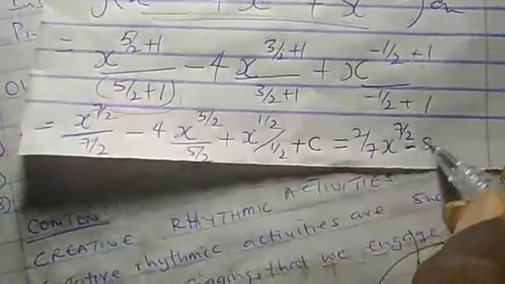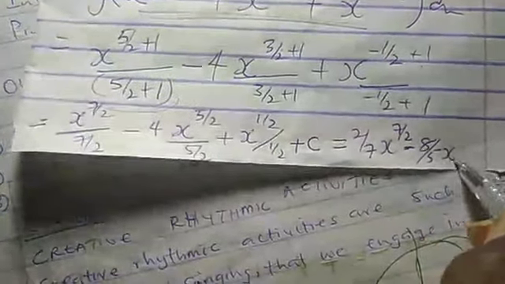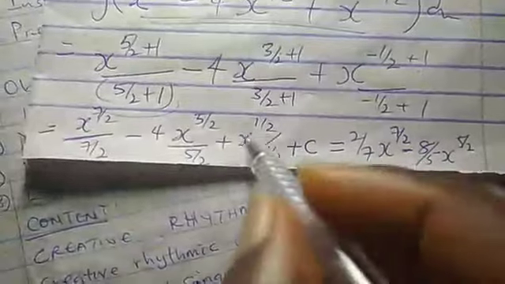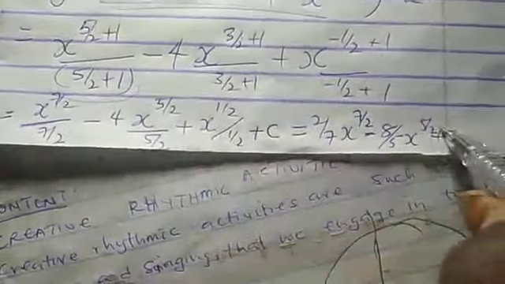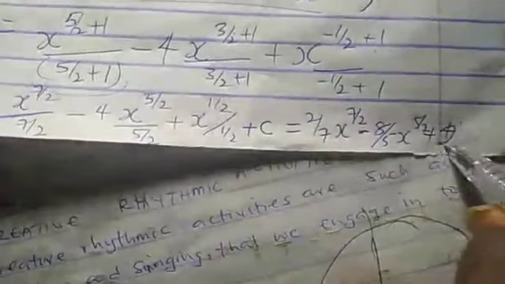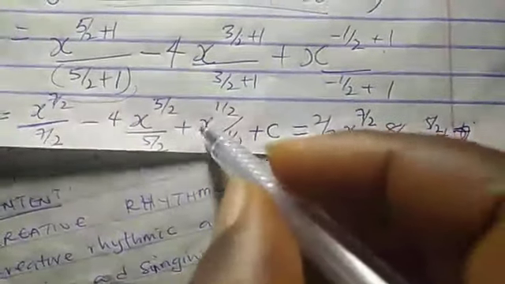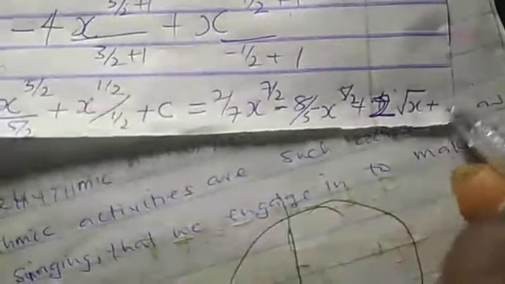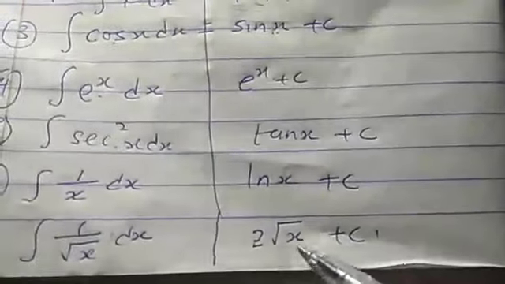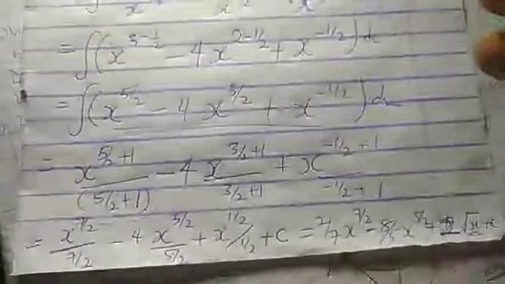That 2 will multiply 4, making 8 over 5, s to the power 5 over 2, plus this half, it will be 2 over 1, which is just 2 s to the power half. And we know that s to the power half simply means square root of s, plus c. So that is the answer. So we have 2 square root of s, which is exactly what I gave here. Now, all these ones we have been dealing with are straightforward and direct integration.